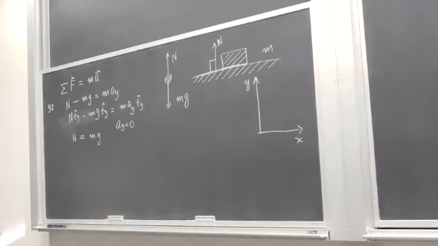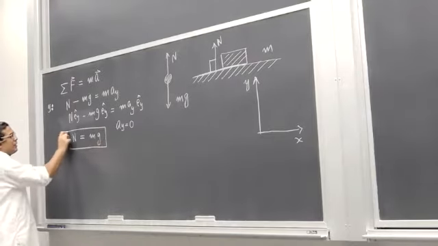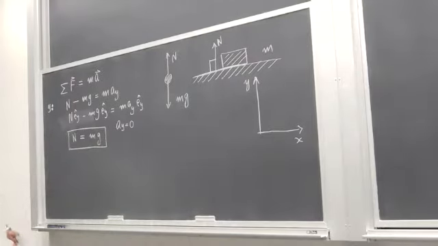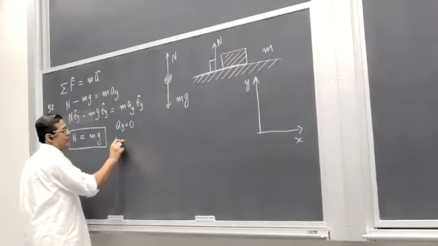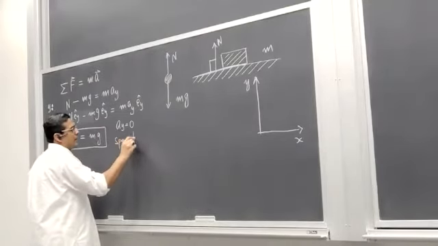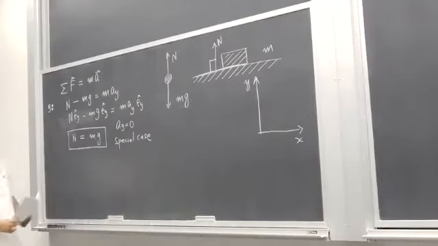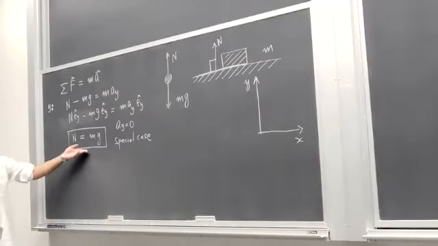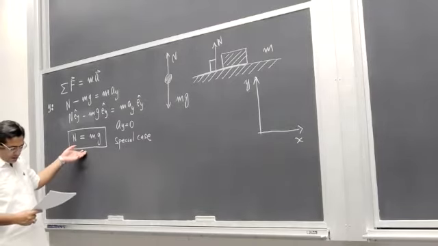Right? The normal force is equal to the weight of the object. But I must warn you that this is a special case. This is not always true, and we will see more examples where we would realize this.